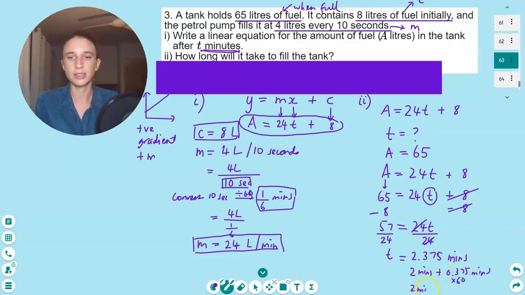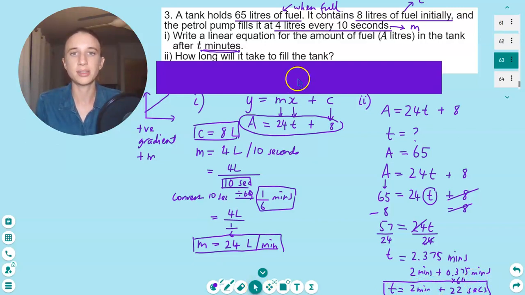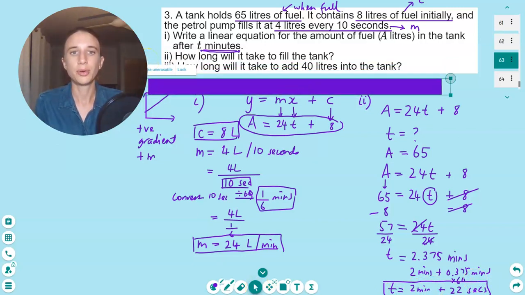So I've got 2 minutes plus 0.375 times 60. 22 seconds, about that. So that's how long it takes to fill up the tank. Just a couple of minutes you'll be at the petrol bowser filling up your fuel tank.